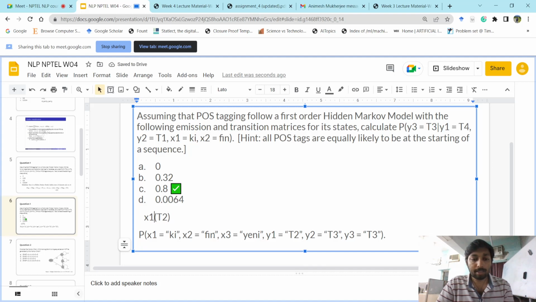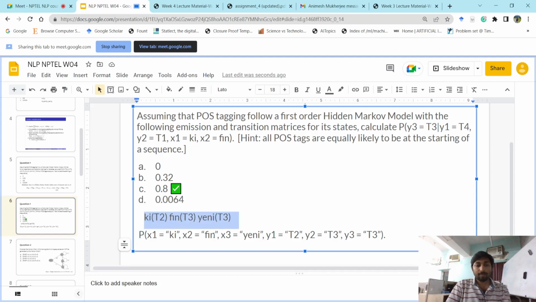X1, that is ki, given t2, ki and the POS tag is t2, pin and the POS tag is t3, and y2, ENE, given the POS tag is t3. So what is the probability of this sequence? They are asking this.